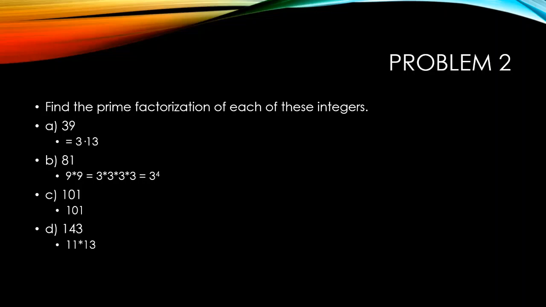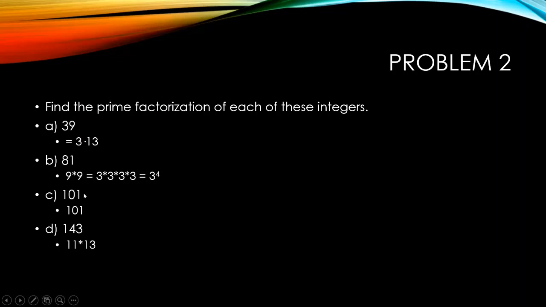So how are we going to get 9? We're going to multiply 3 by 3. So that's why I have 3, 3 here. Same with the other 9 here, 3, 3. So as you can see here, all are prime numbers. So therefore, this is already the prime factorization. So we could rewrite it as 3 raised to 4.